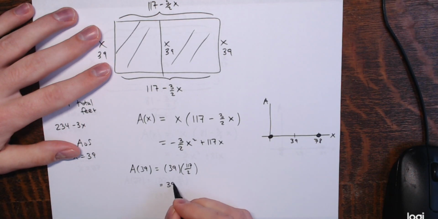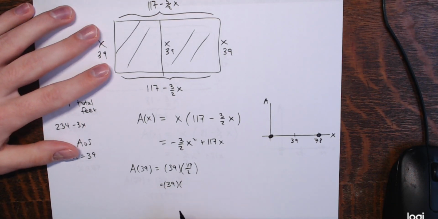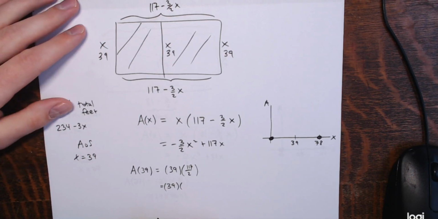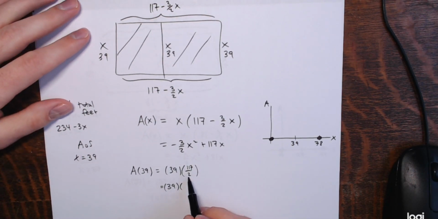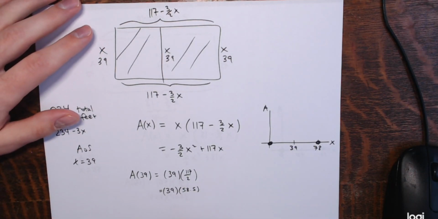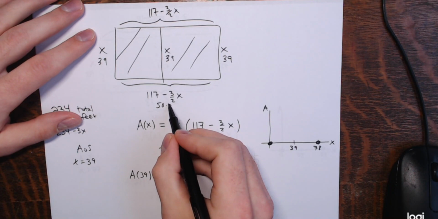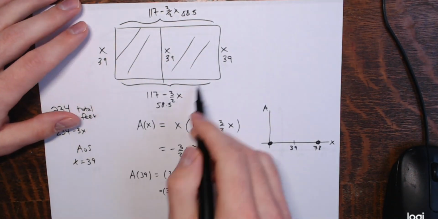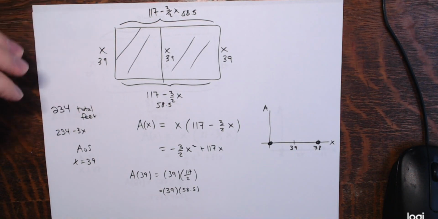So you have 39 by, now you can probably write 117 divided by 2, which is 58.5 feet. So if this is 58.5 feet and 58.5 feet over here, there's your rectangle with the largest area possible using up 234 feet of fencing.